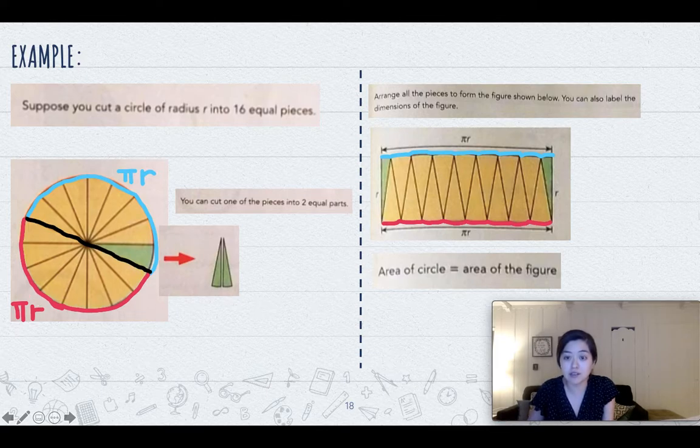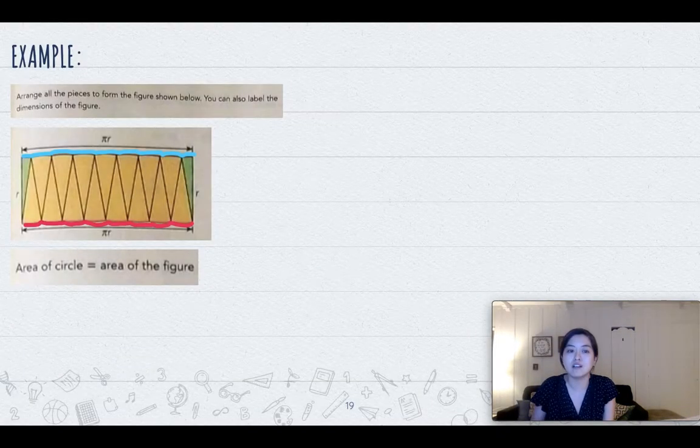Okay, all right. But again, it's not perfectly straight yet. It's almost straight, but not perfectly straight, okay? And the area of this circle would be the area of this figure, which right now almost looks like a rectangle. So I just move that on this side, okay? It's the same information here, okay?